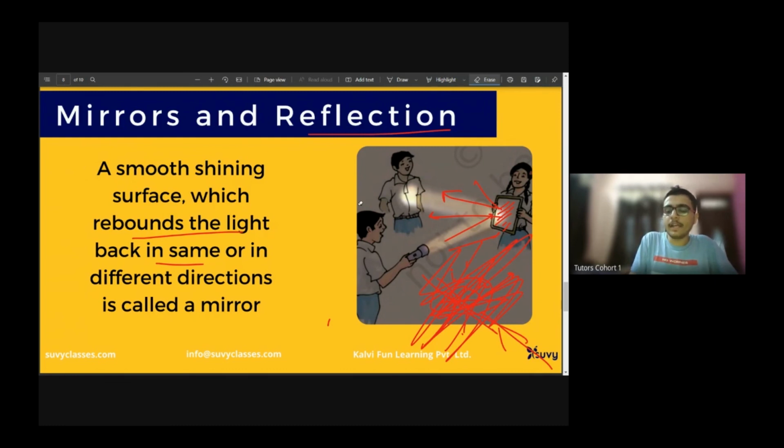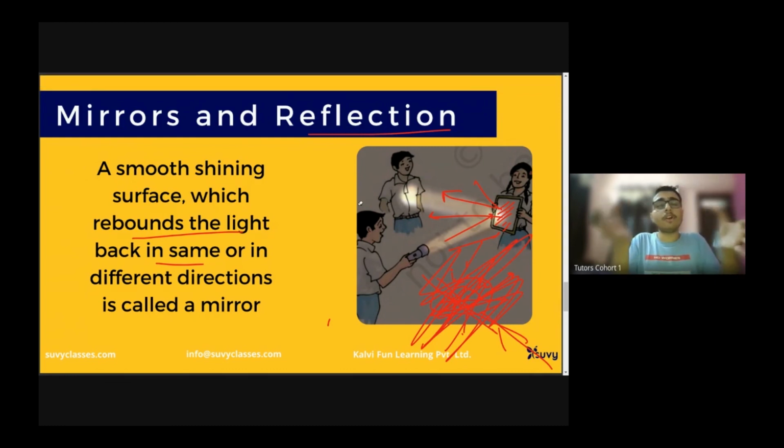Okay, let's move ahead. What we have discussed till now: we started from luminous and non-luminous bodies, man-made or natural. Then we talked about non-luminous objects. Then we studied about light previously. Then we came to shadows.